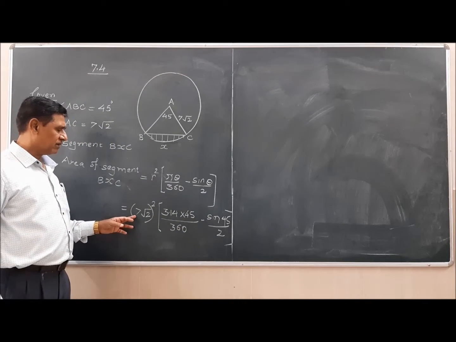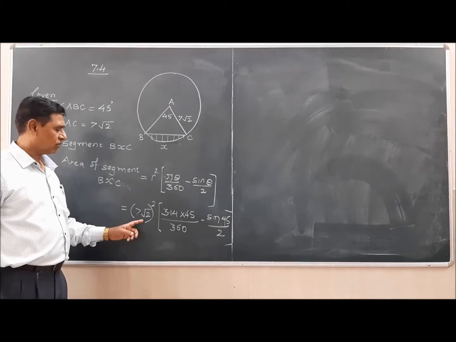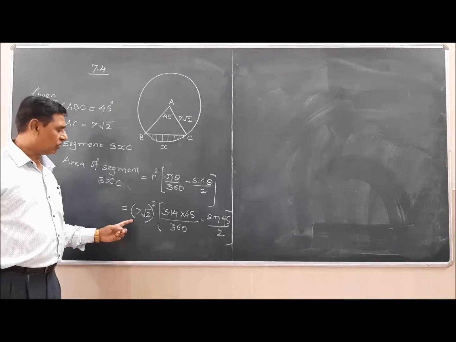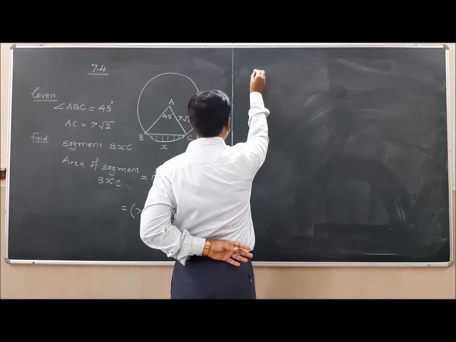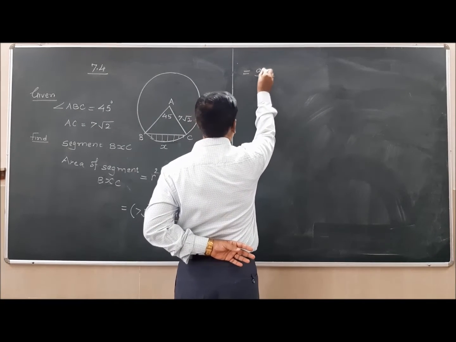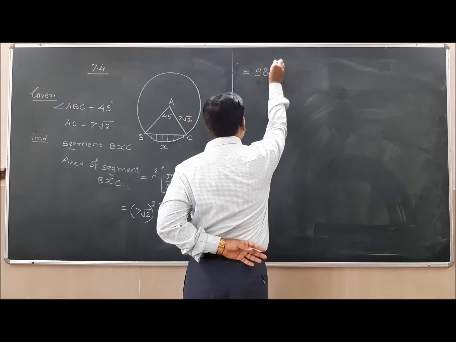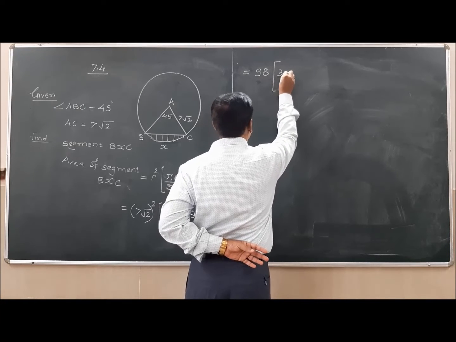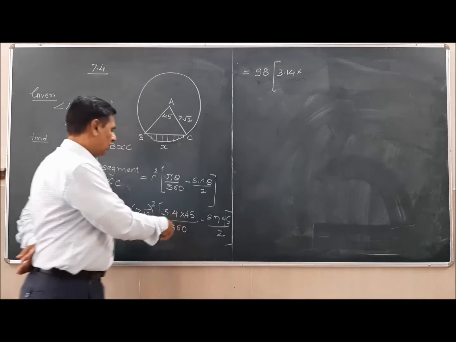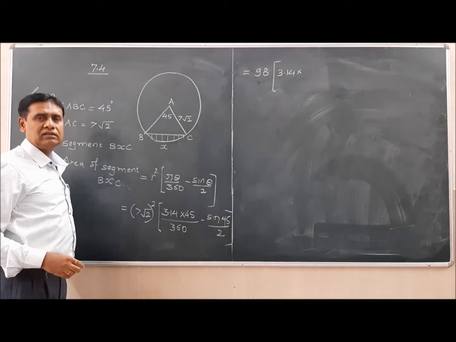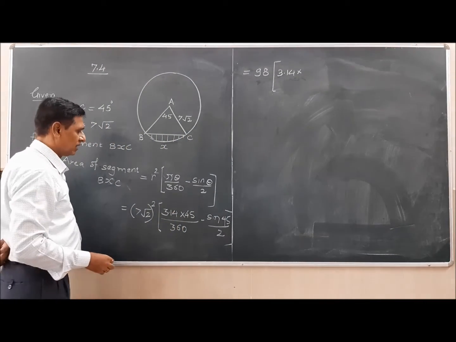Now the square of 7 is 49, while the square of √2 is 2. So 49 2s are 98. So 98 into bracket 3.14 into, now 45 and 360 are there.